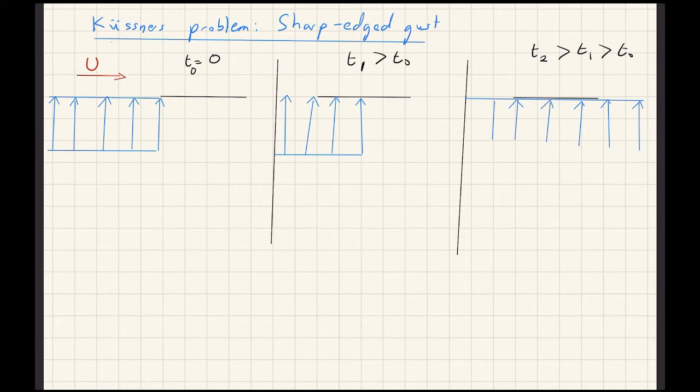Now, since we are solving this problem in the body frame, or in the frame of reference of the wing itself, the wing is not moving. In contrast, the gust is moving to the wing with a free stream velocity.